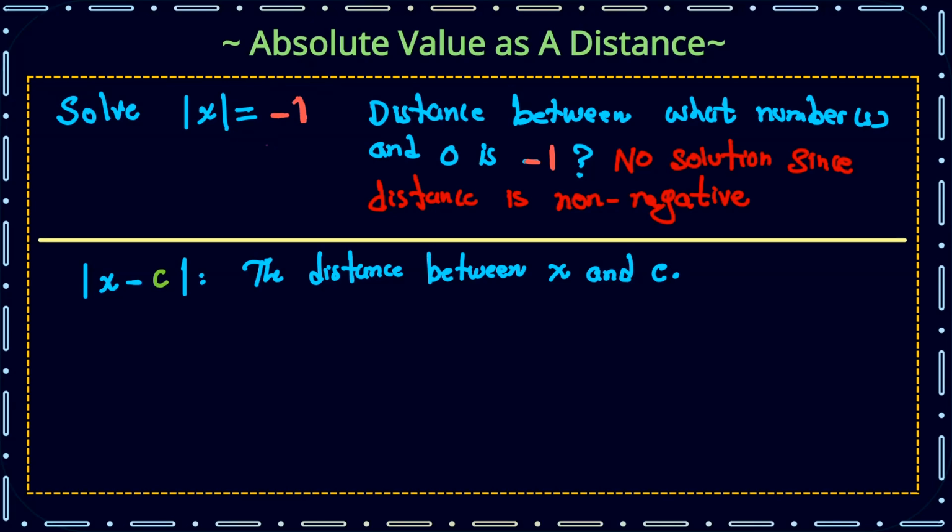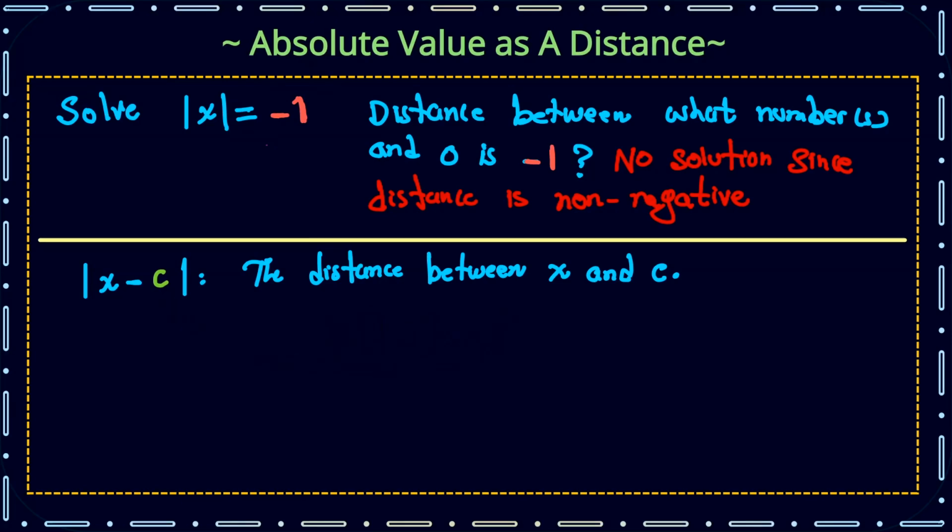Remember, if you have absolute value of x by itself, that meant the distance between x and 0, you can think of this as absolute value of x minus 0, which is compatible with this definition.